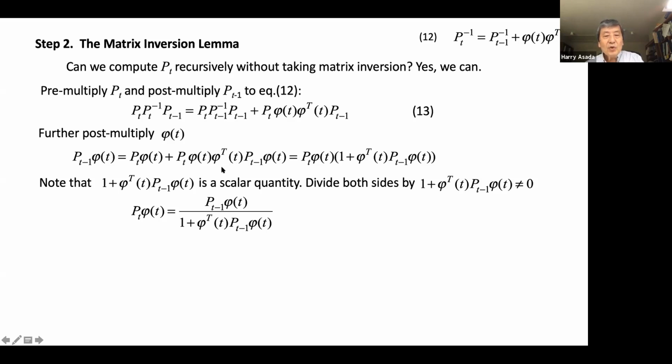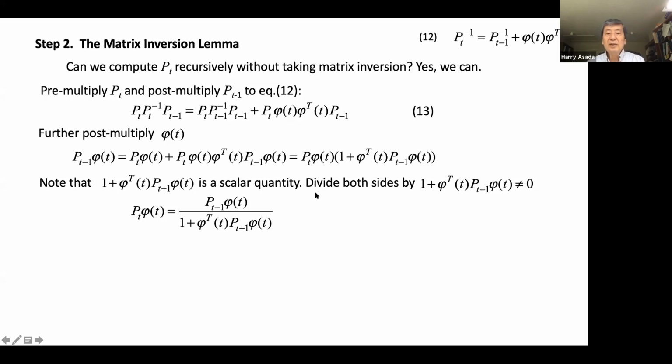Scalar. So when you factor out the PT phi t from here, this is scalar, and so this particular part is 1 plus something. So this as a whole becomes scalar. So it's no problem to divide both sides by the scalar quantity in terms of the computational complexity. This is nothing.